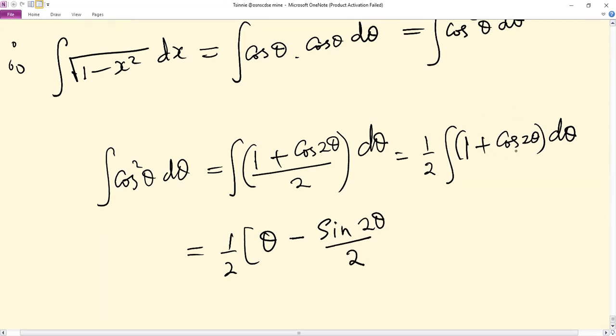Just apply integration by substitution here, and you'll be able to get this answer. And then plus c.